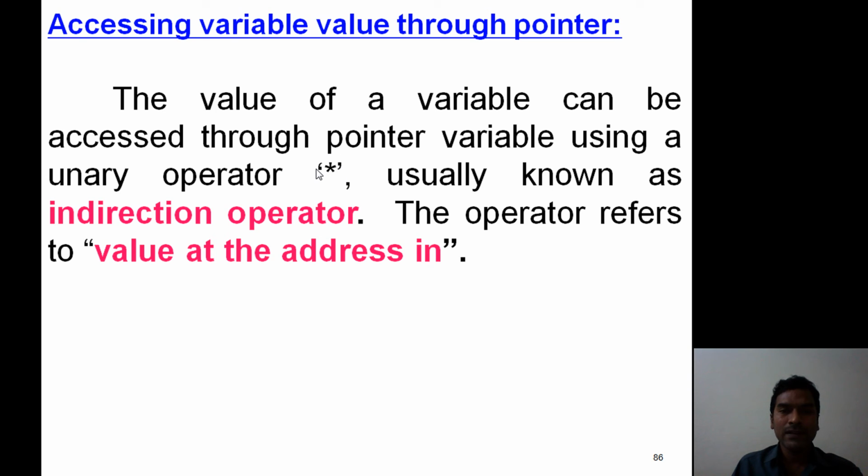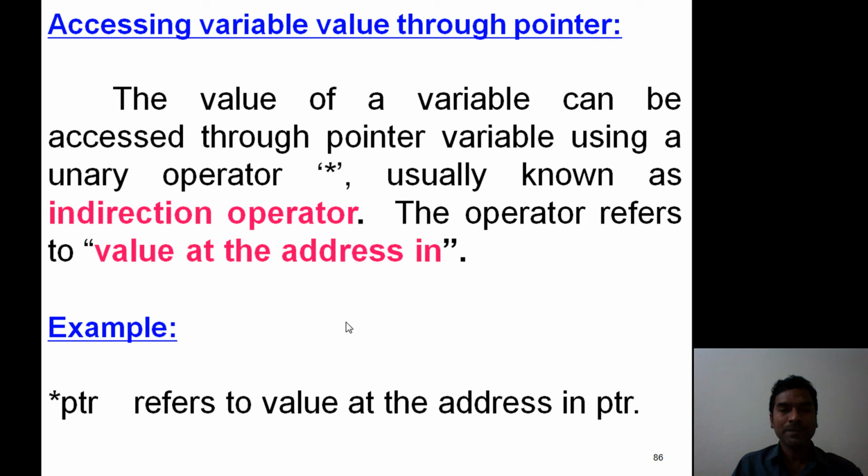This symbol means value at the address in. Now observe this: asterisk ptr. When this format arises, it refers to the value at the address in ptr, since asterisk is applied on ptr.